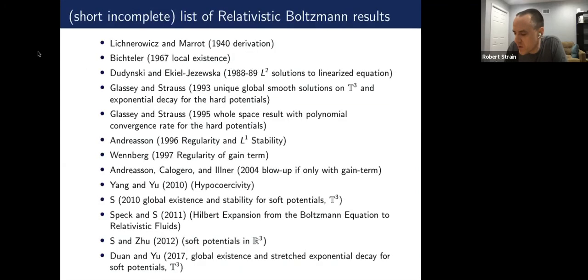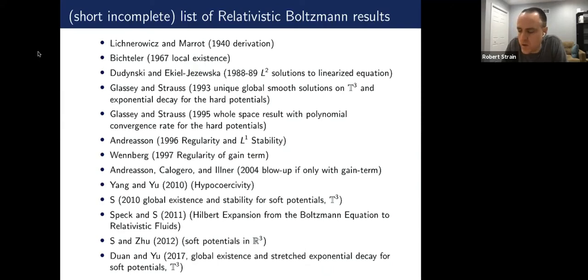And here's a short, incomplete list of results on the relativistic Boltzmann equation. Lichnerowicz and Marrot derived the equation using special relativity in 1940. Bichteler proved local existence for the equation in 1967. Dudyński and Ekiel-Jeżewska studied L2 solutions to the linearized equation in 1988-89.